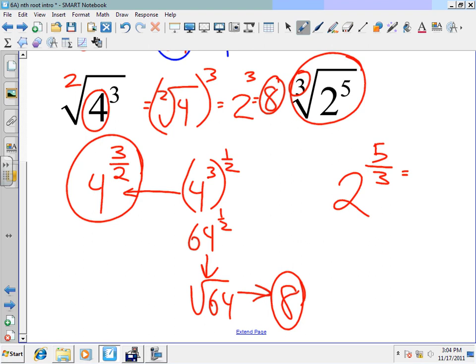If I look at it up here, 2 raised to the 5th power is 32, and then the cube root of that, can't really simplify it anymore. Okay, so you could show it as this, could show it as this, and as a rational exponent, you could show it like that. The key here is to go from one form to the other, from radical to exponent and back and forth.